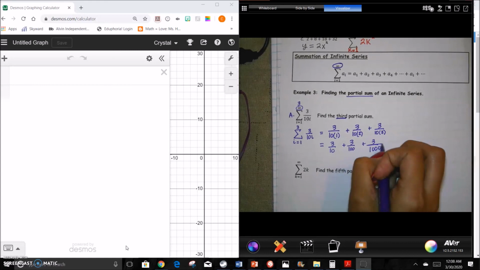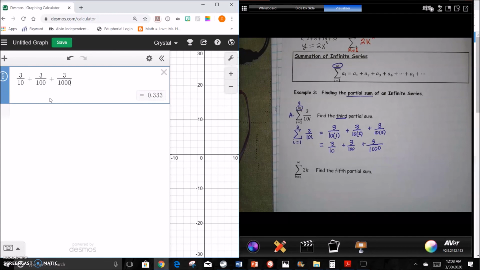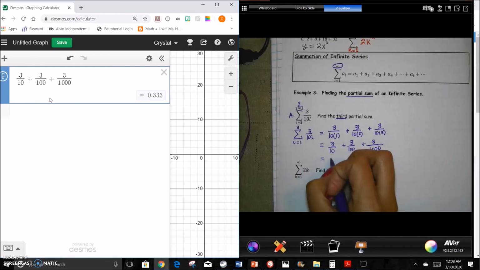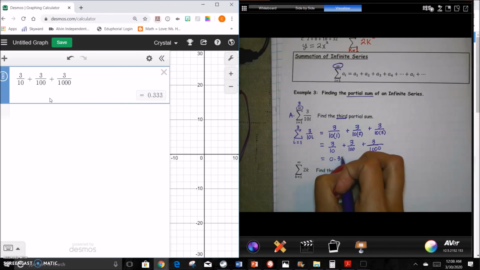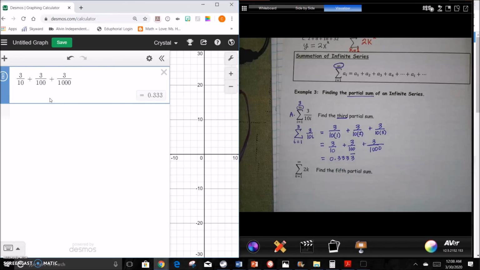I left the calculator up because we're going to use it. So 3 divided by 10 plus 3 divided by 100 plus 3 divided by 1,000 is 0.3333, and it repeats.